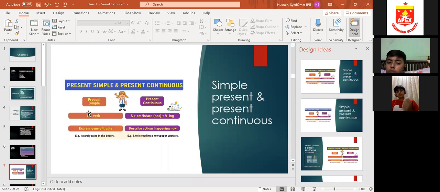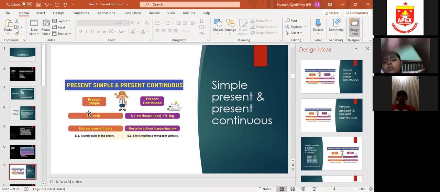Whenever we are expressing our habits, our routine, universal truth, or general events, it is usually hot in summer, okay? We are using simple present. It rains in July. Mostly it rains in July. Simple present, general truth. Okay? Present continuous: we are reading a newspaper. The action which is happening now at the present moment.